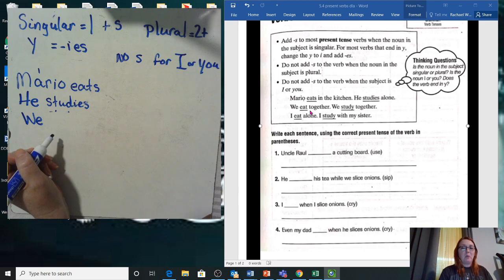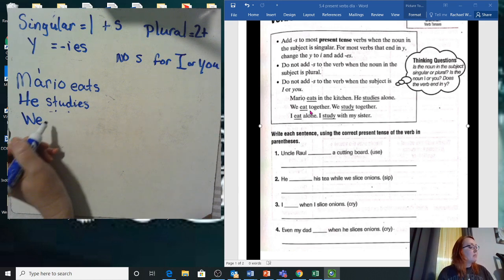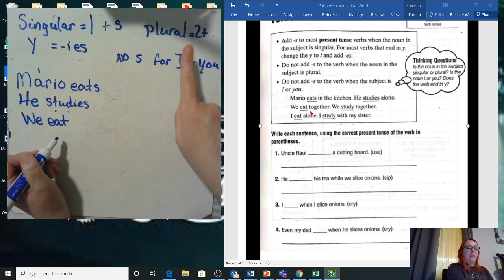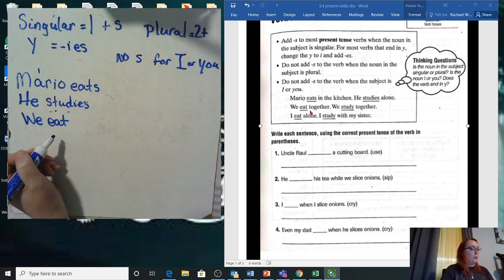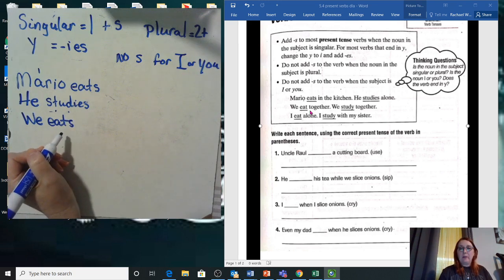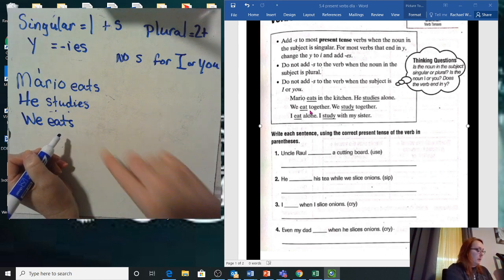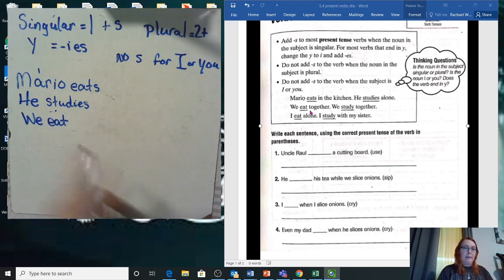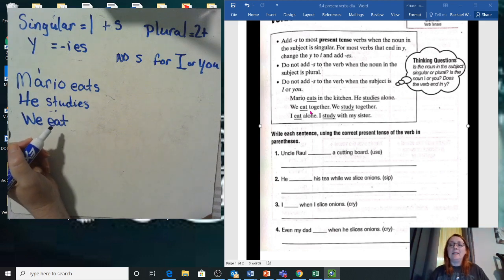That's our action verb, right? We eat. Are we going to add the S if it's plural, two or more? No, because look, listen to how that would sound. We eats together. That sounds really weird. It doesn't agree.